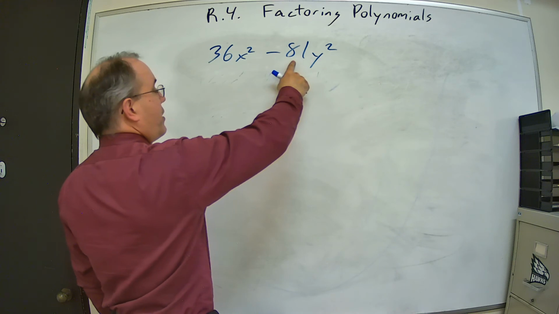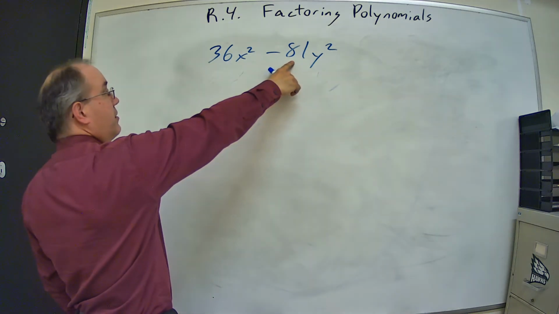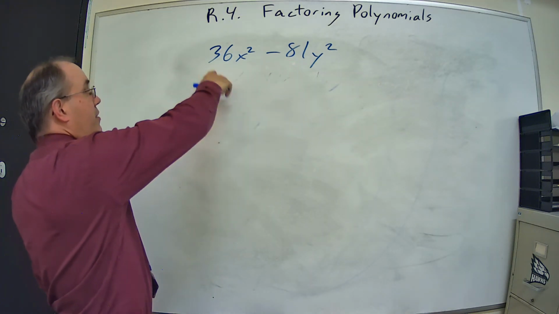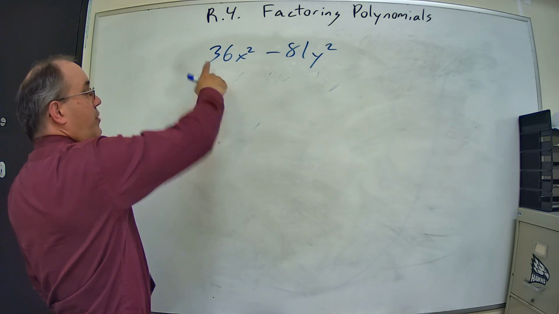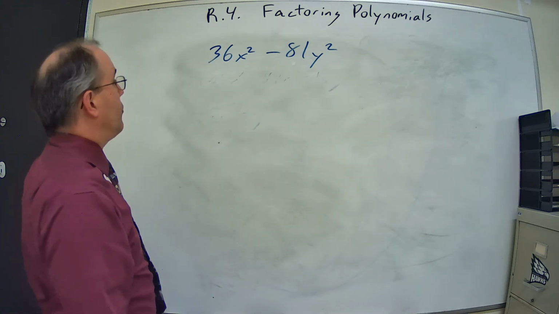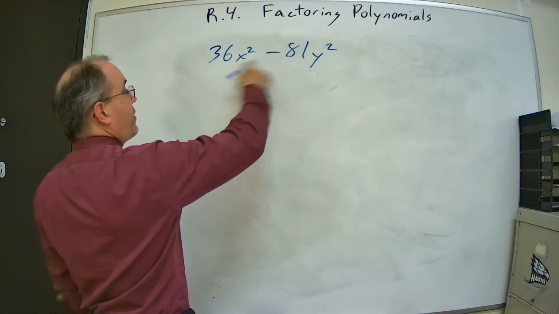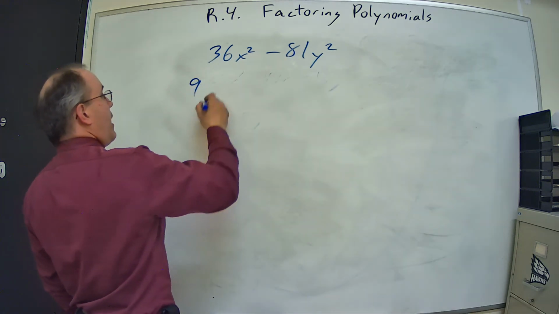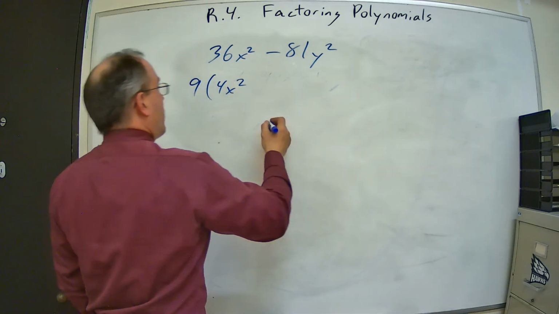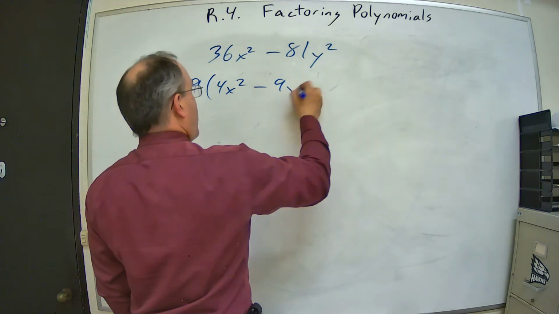If I factor out a 3, that's going to put me at 27. If I factor a 3 out of there, it's going to give me 12. So I can factor more out of that, right? What can I factor out? I can factor out a 9. There we go. So 9 giving me 4x squared minus 9y squared.